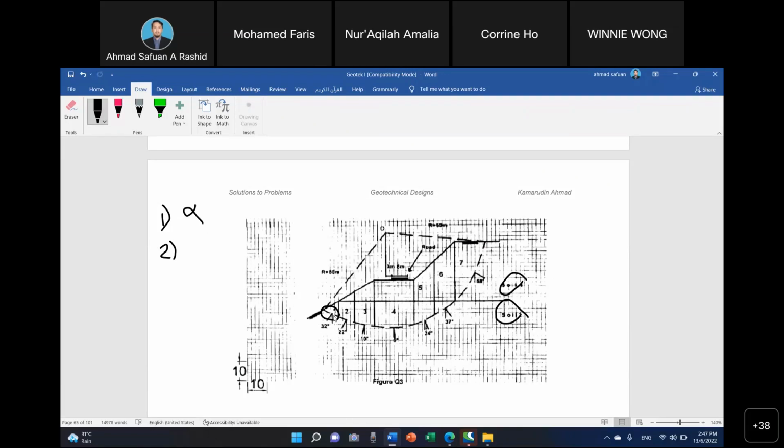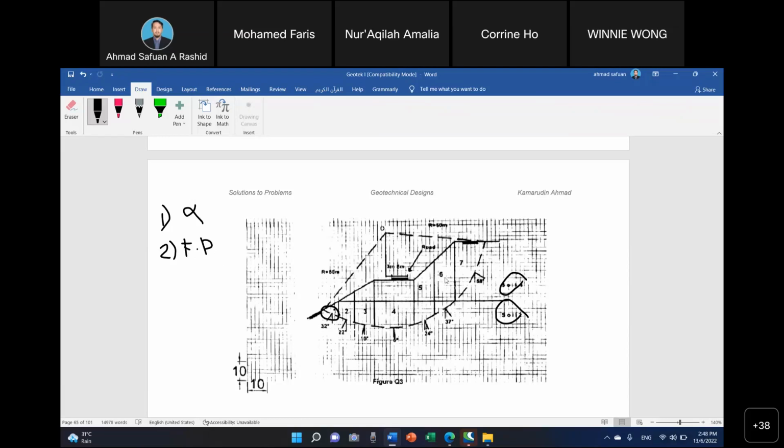So when you want to draw the slices, if you have two different layers of soil, you need to make sure that your failure plane, which I call FP, is located on one type of soil.